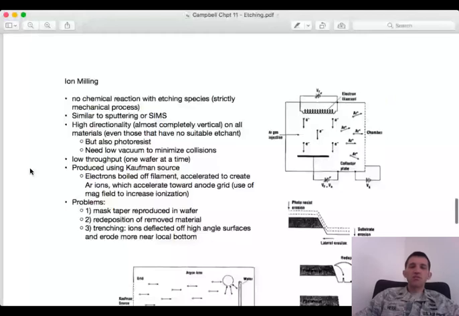I have a largely chemical reaction, but if I have a protective molecule, that protective film will be there on the walls and not be removed in the same way that it would be removed by this ion bombardment on the floor. So using that mechanism, I can make this process more anisotropic than it normally would be.